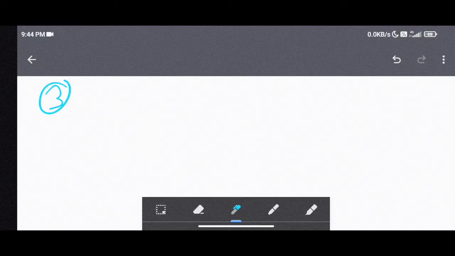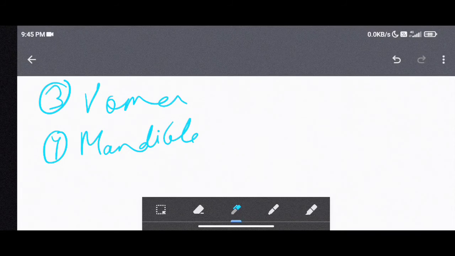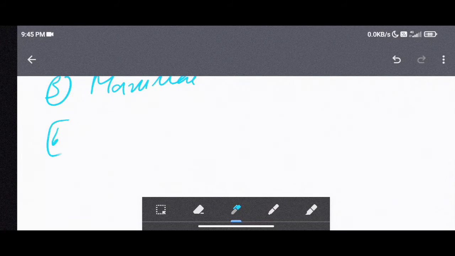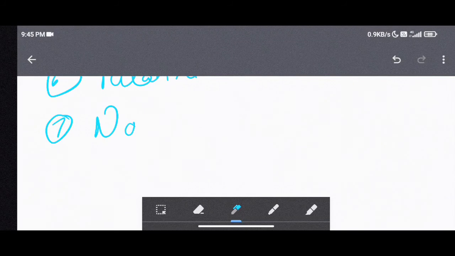Another one is the vomer, and another is the mandible. The next one is the maxillae, another is the palatine, another is the nasal, and the last is the inferior nasal concha.